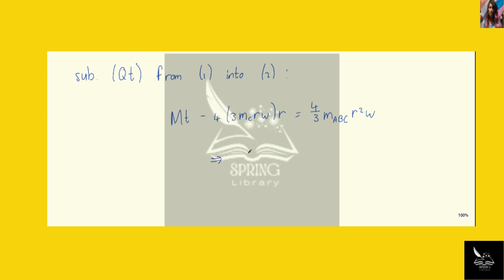Rearranging this, we get that MT is equal to 4/3 R squared omega into M ABC plus 9 times the mass of disk C, 9 MC. We'll call this equation 3.